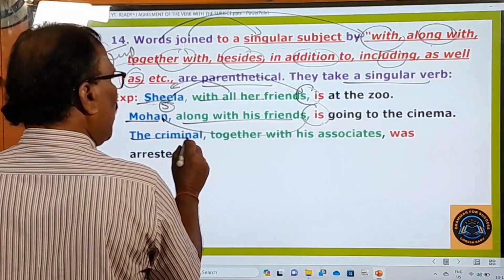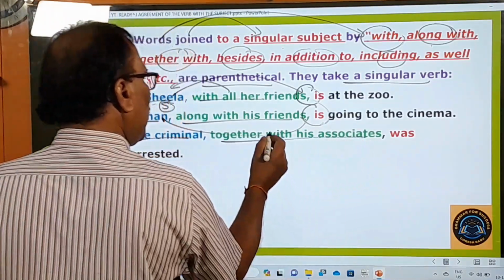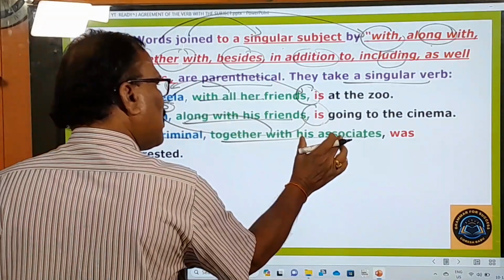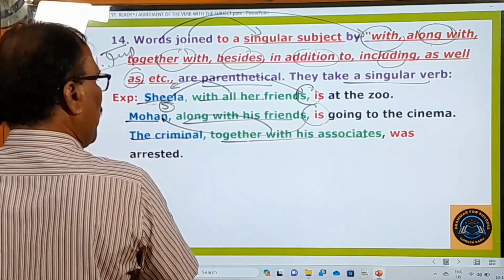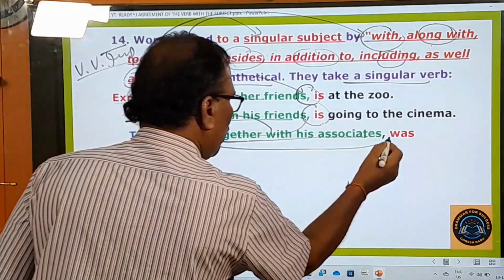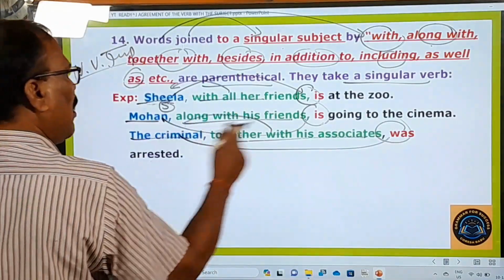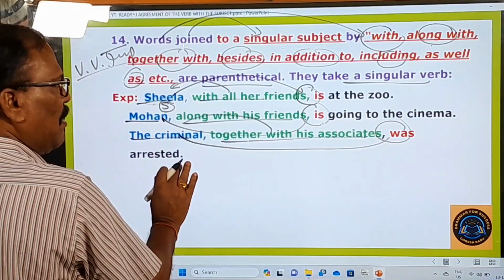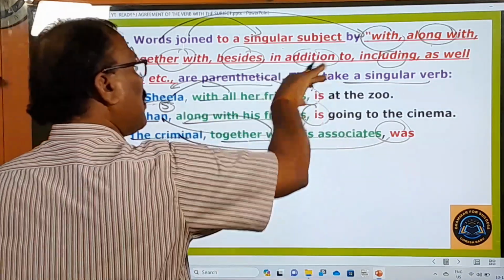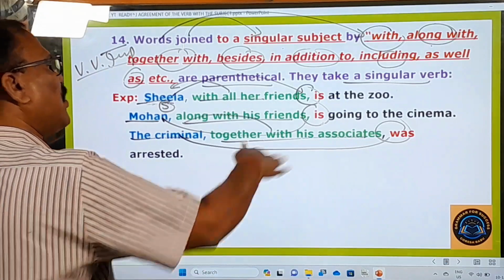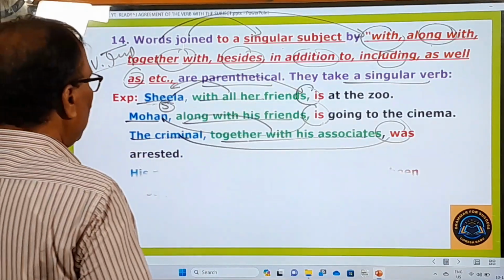The criminal together with his associates: these words are attached to this singular subject. So according to the singular subject, we use this: the criminal was arrested. That must be the sentence. But these words are attached: the criminal, together with his associates, was arrested. You are giving additional information. It's a stylish sentence.